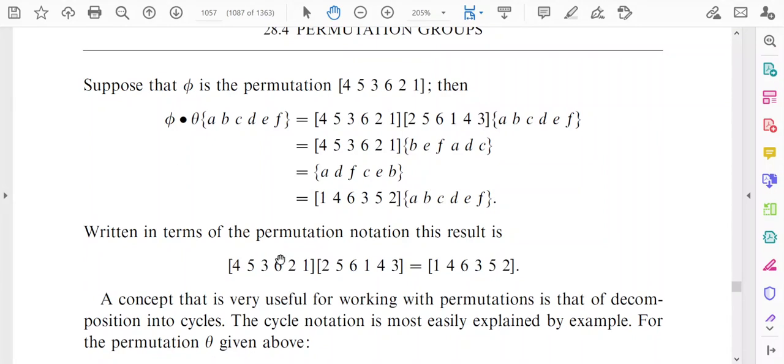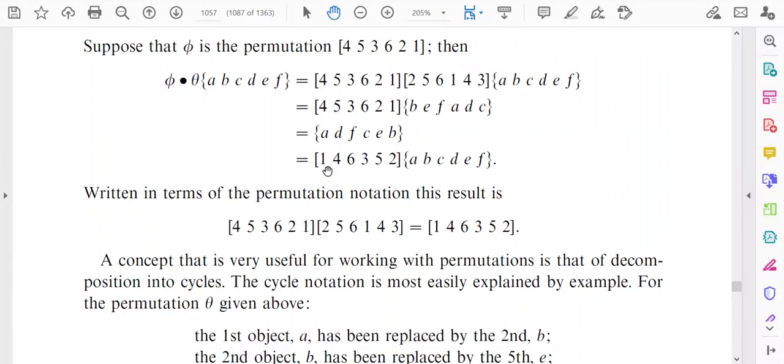Now if we look carefully, that is ADFCEB, it can be written in this way, that is 146352, which is acting on ABCDEF. Because you see, if 146352 acts on ABCDEF, 1 means A, the first object.